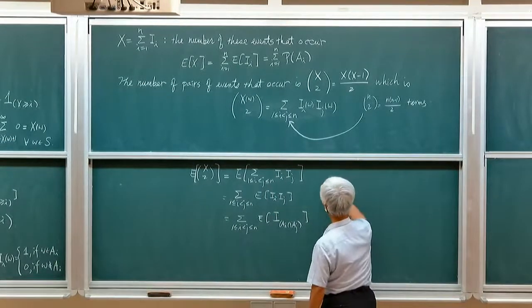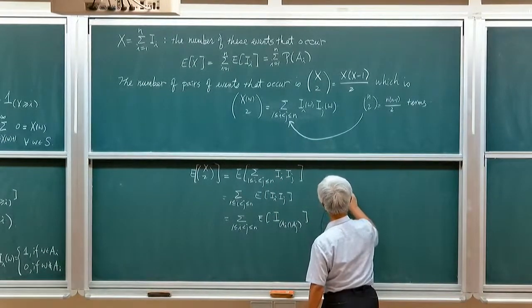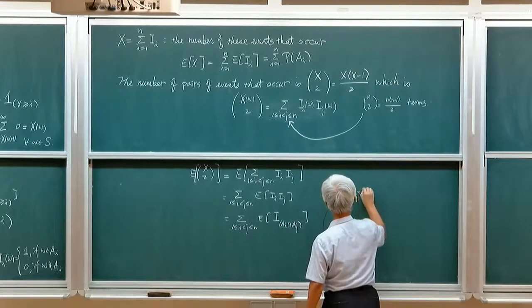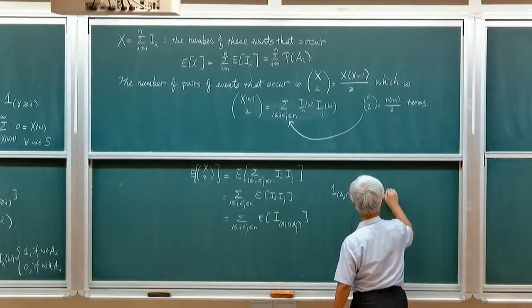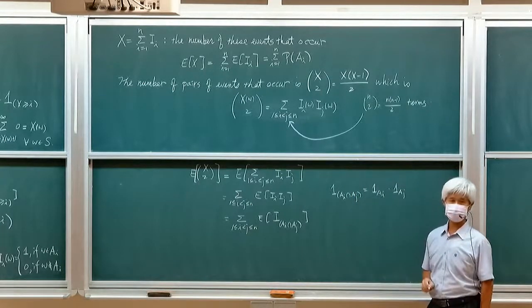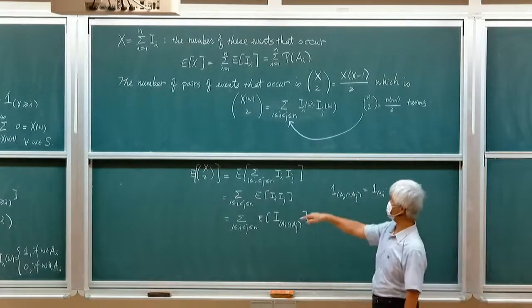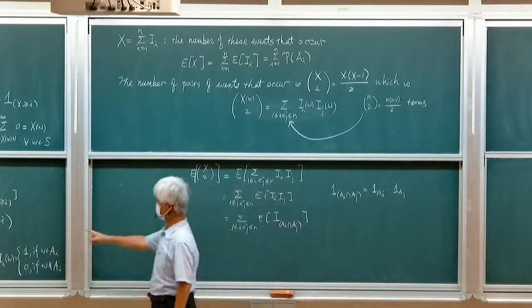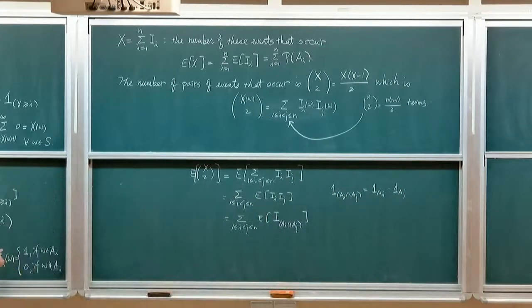Remember that? The indicator of A_i intersect A_j is equal to the indicator of A_i times the indicator of A_j. Okay, but in our definition, it is like this.